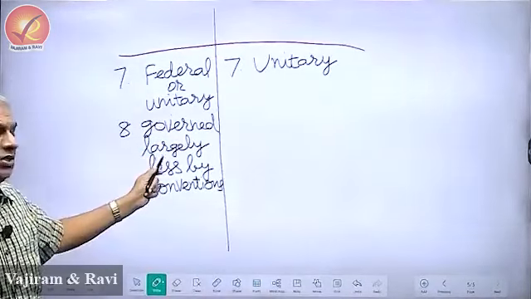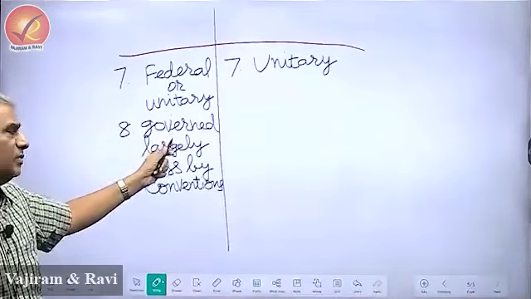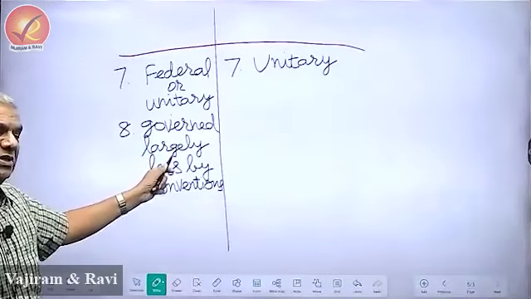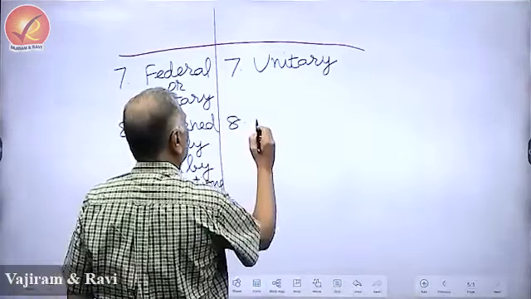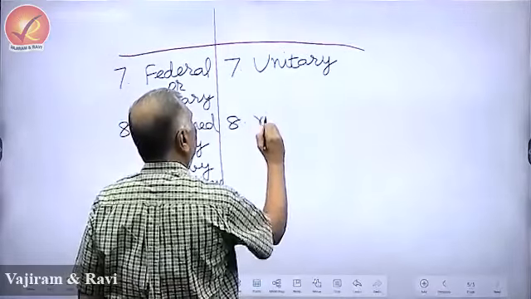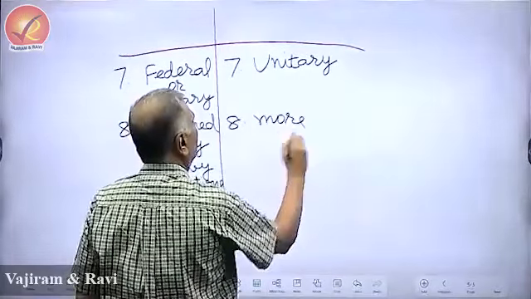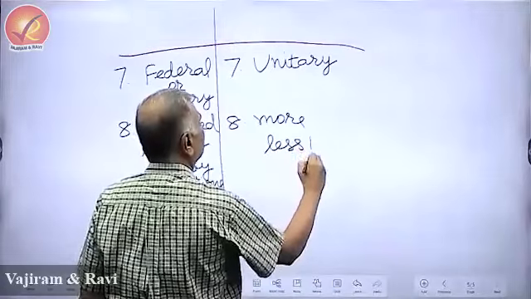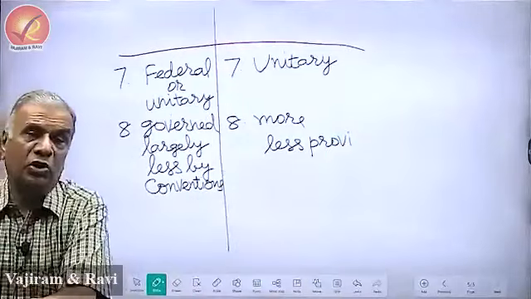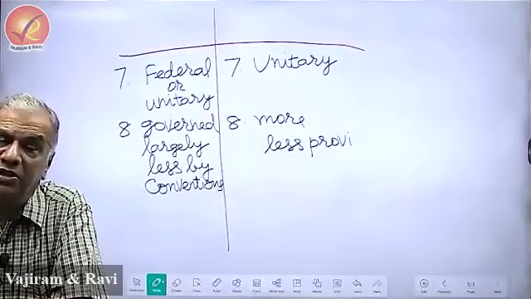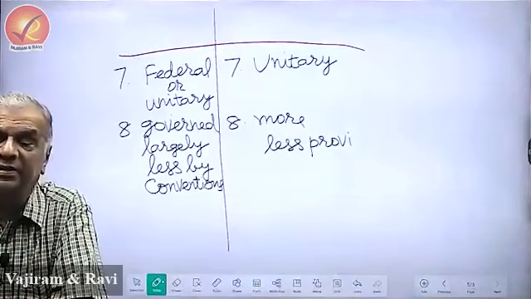The constitution is governed more by its own provisions and less by conventions, whereas in England, the constitution is governed more by conventions and less by provisions. So the role of conventions in an unwritten constitution is higher.